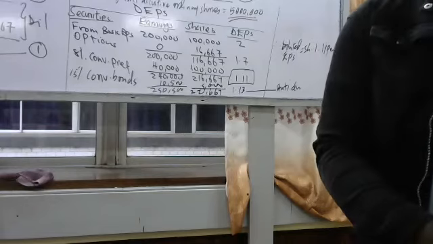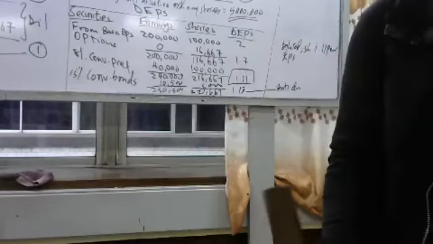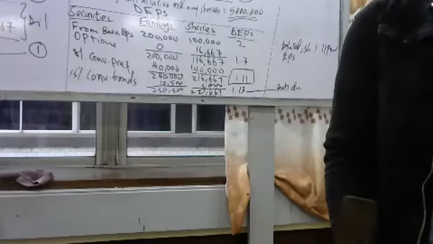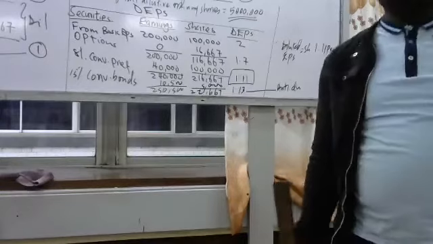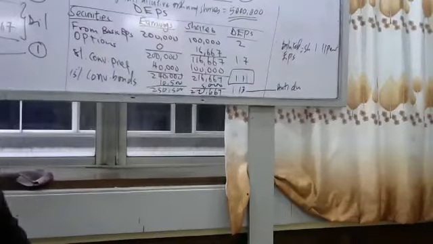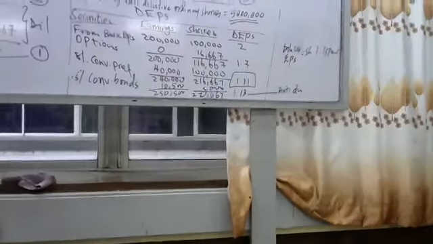Kidogo tu, but tukitoa leo probably mpaka saa 7. Sawa. So I don't know how Mohammed ako hapa.